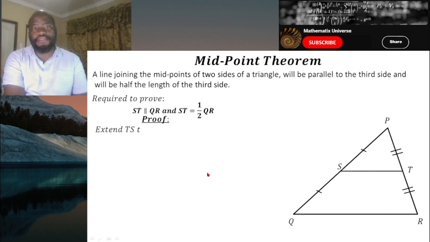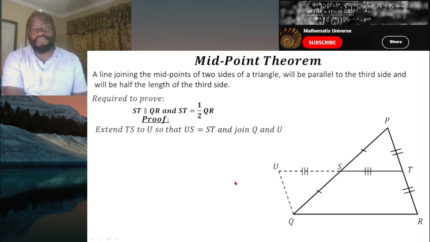Proof: we extend ST so that SU is equal to ST, then we join Q and U. Okay, then next what we'll do is in these two triangles, triangle PST and QSU, we're going to try and prove congruency.